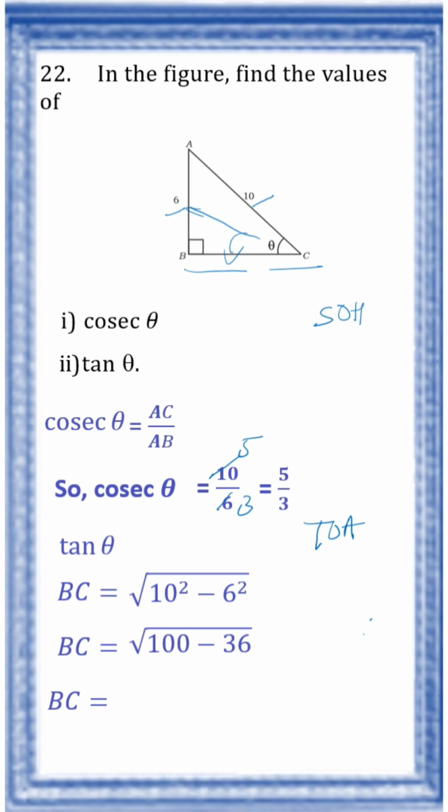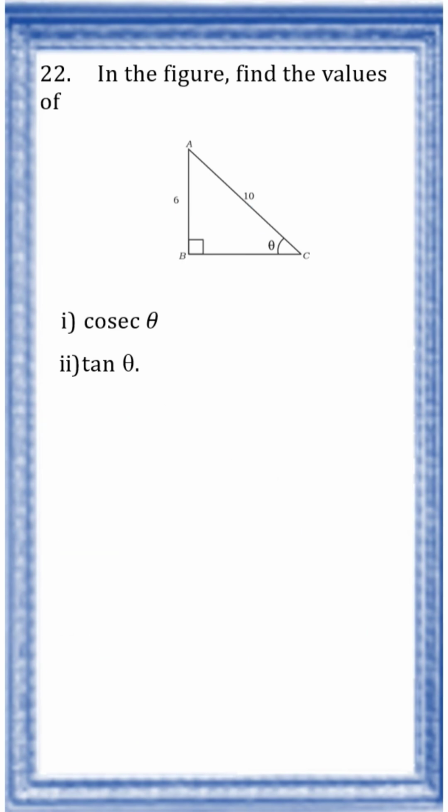BC is equal to square root of 64, that is equal to 8 units. Now tan theta is equal to AB by BC, opposite by adjacent. AB is 6, BC is 8. So 6 by 8, that is 2 threes are 6, 2 fours are 8, that is 3 by 4. Okay.